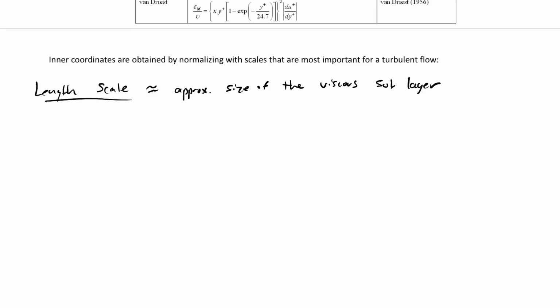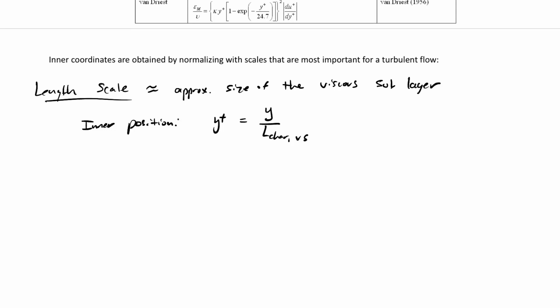This gives us our inner position, and that is y plus, which is the actual y coordinate divided by some characteristic length, L characteristic viscous sublayer. So first of all, why do we pick the viscous sublayer as the normalizing length scale?